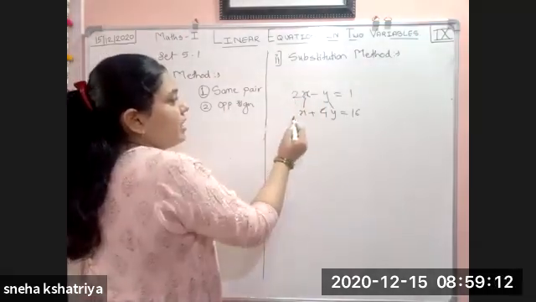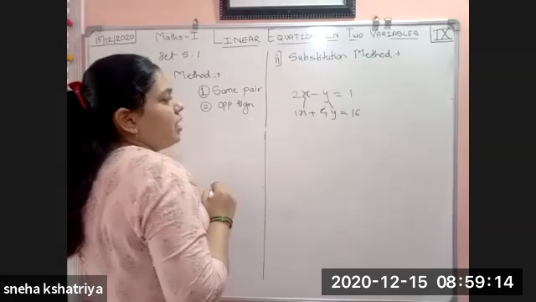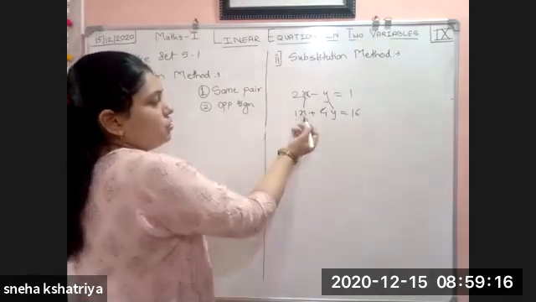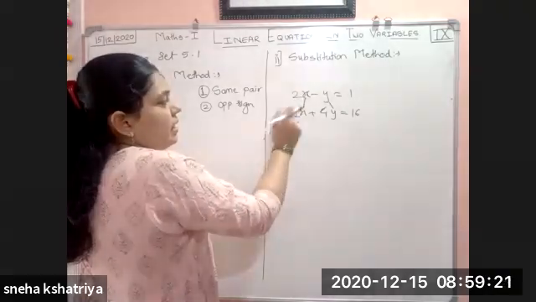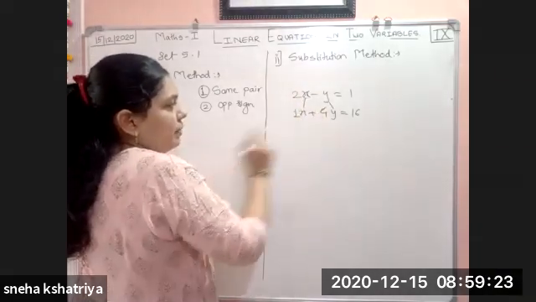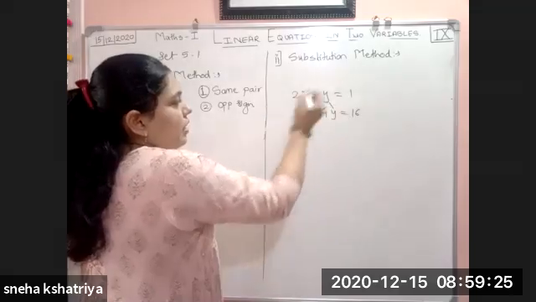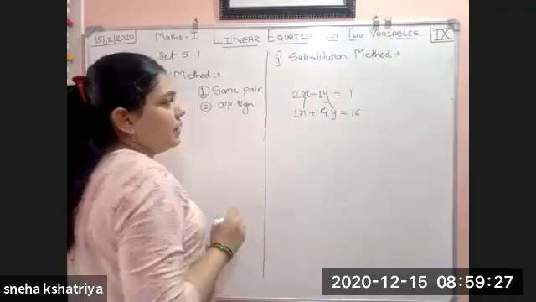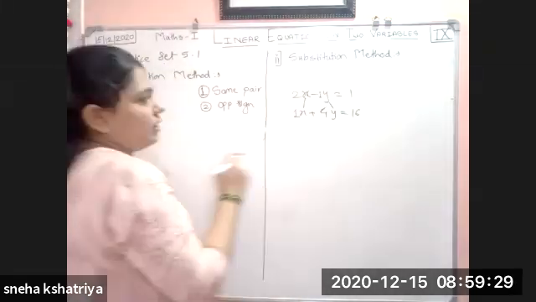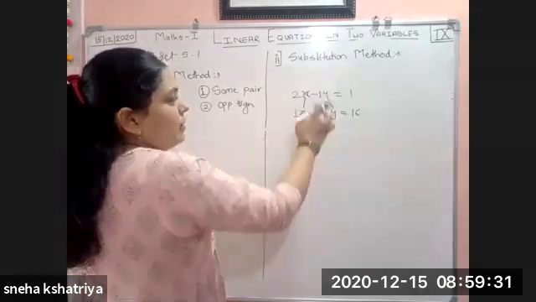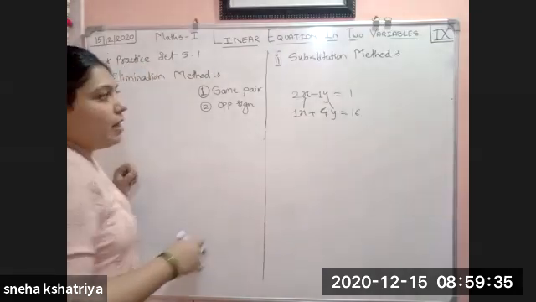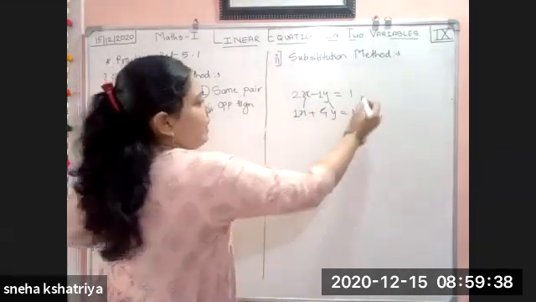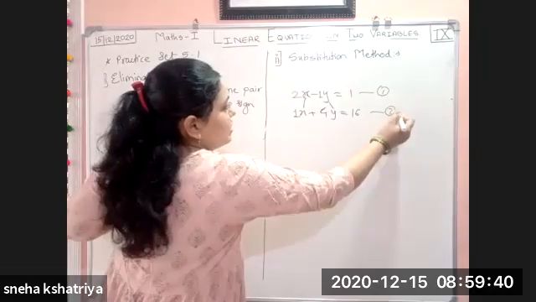Here is 2x, and here is only x, whose coefficient is only 1. They form a pair but not the same. Here also y and y; y's coefficient, the number multiplied to y, is 1. So they form a pair but not the same. Say this is equation 1 and this is equation 2.